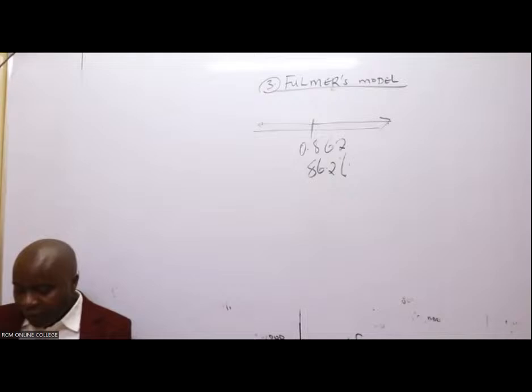Some of the key financial ratios and indicators used in the Farmer model may include, number 1, liquidity ratios. Number 2, profitability ratios. Number 3, leverage ratios, like the debt to equity ratio. Then we have the activity ratios, like the efficiency ratios, stock turnover ratios.